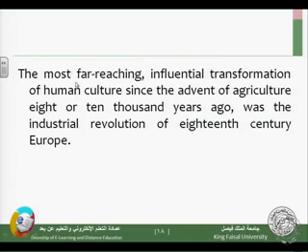Oh my God, the most important effect upon humanity since the invention of agriculture was the Industrial Revolution. In the 18th century, the most important change that took place in history after agriculture is the Industrial Revolution.